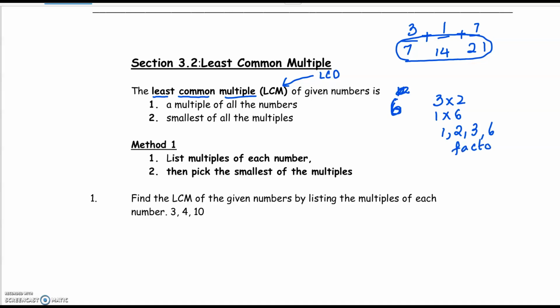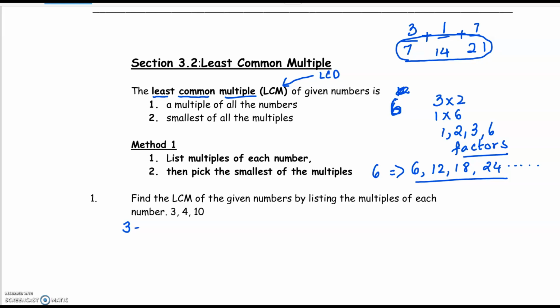When you break down the numbers, you get factors. Now what are multiples of 6? Multiples of 6: 6 times 1 is 6, 6 times 2 is 12, 6 times 3 is 18, 6 times 4 is 24, and you can keep going on and on. So these are called multiples of 6. Multiply 6 with numbers to get multiples.